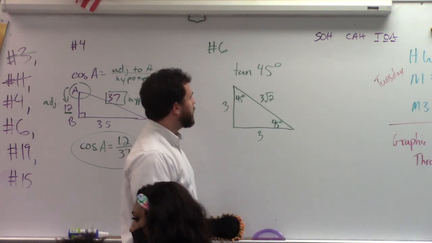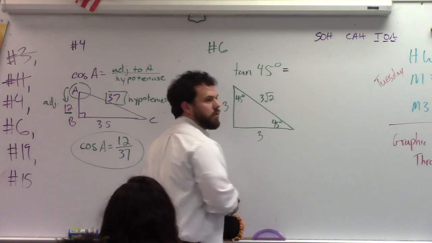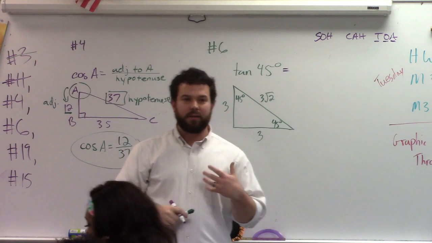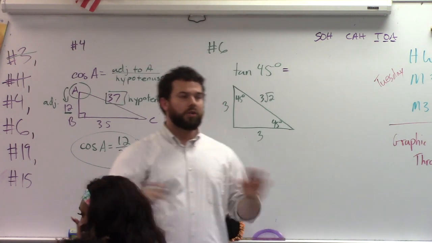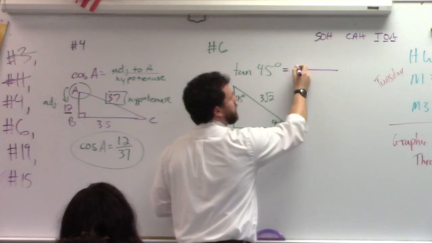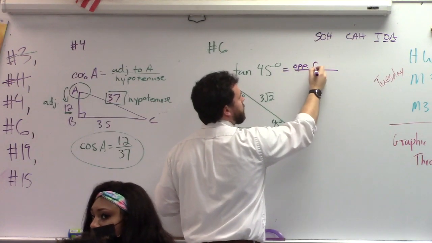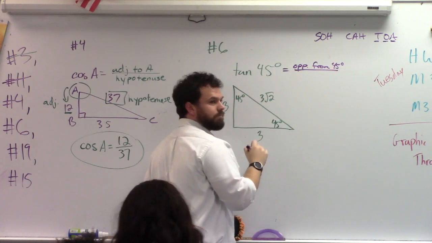Okay? So tangent of 45 degrees, and remember, you just said I need to identify opposite and adjacent. You need to write that out. Don't jump to the numbers right away. Write out the fraction. Opposite from what?